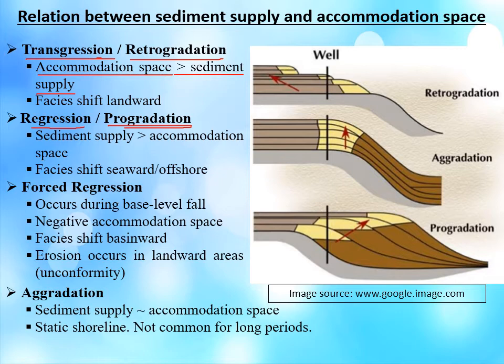What about the facies? The facies, that means the depositional sediments, will gradually shift towards the landward side. Previously in this area, suppose these brownish color materials are deposited during this time, and in a deeper part these yellowish color materials are deposited. Now with increasing water body, the shoreline is shifted more towards the landward part, so this area now faces this yellowish color sediment deposition, and the brownish color deposition will occur far before this point.